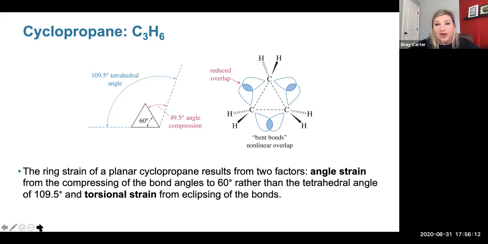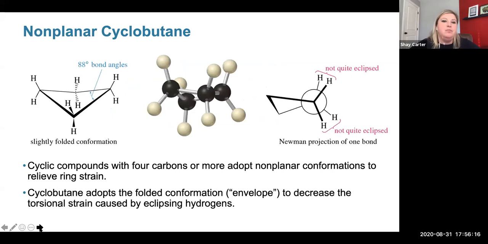And both of these 2 factors add together to give us ring strain. Now, cyclic compounds that have 4 or more carbons can adopt a non-planar conformation that helps relieve this ring strain. And the way that it relieves this ring strain is it causes the bonds to not be quite eclipsed, so they're a little bit off.